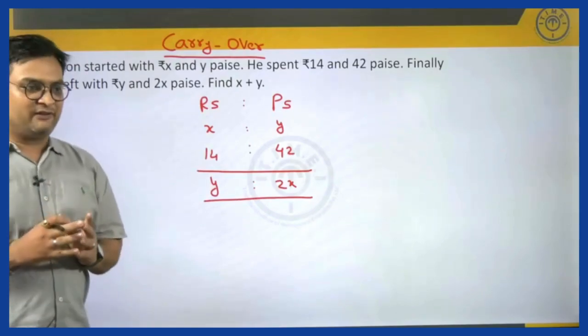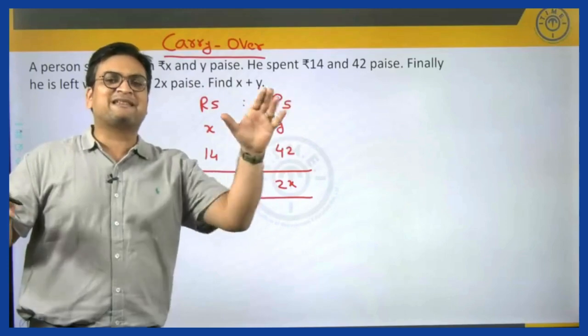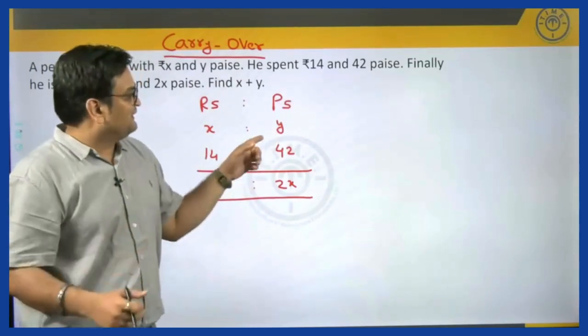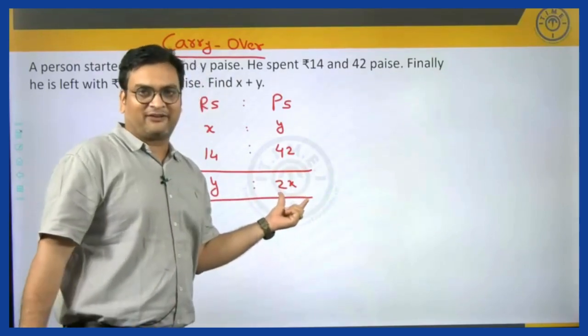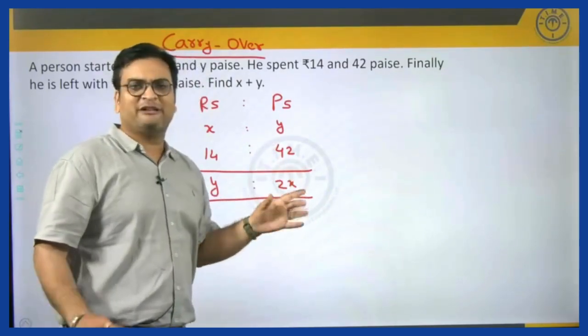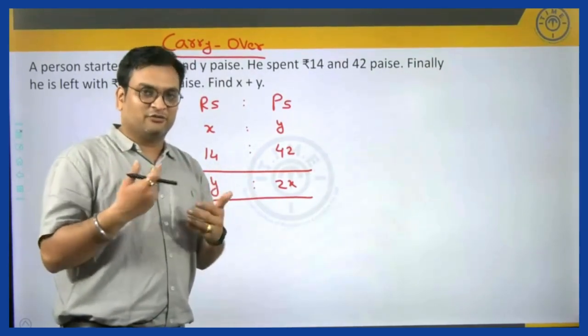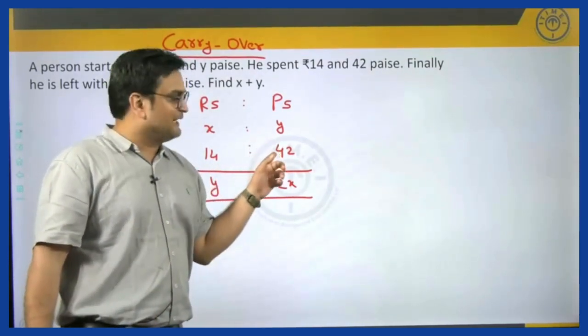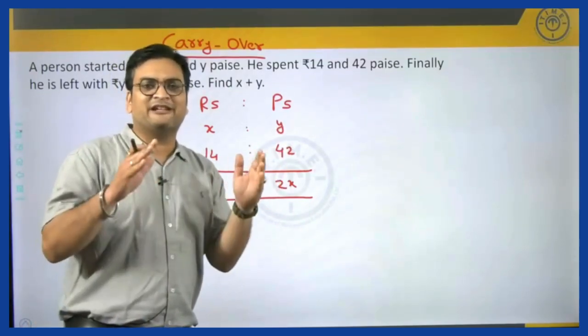Now here please notice, if I look at it on a standalone basis, like rupees separately and paise separately, I may say like this: I started with Y paise, I spent 42 paise, I am left with 2X. So that means Y minus 42 should be equal to 2X. But here comes the problem. I don't really know whether Y is greater than 42 or less than 42. For example, imagine if Y is 58.